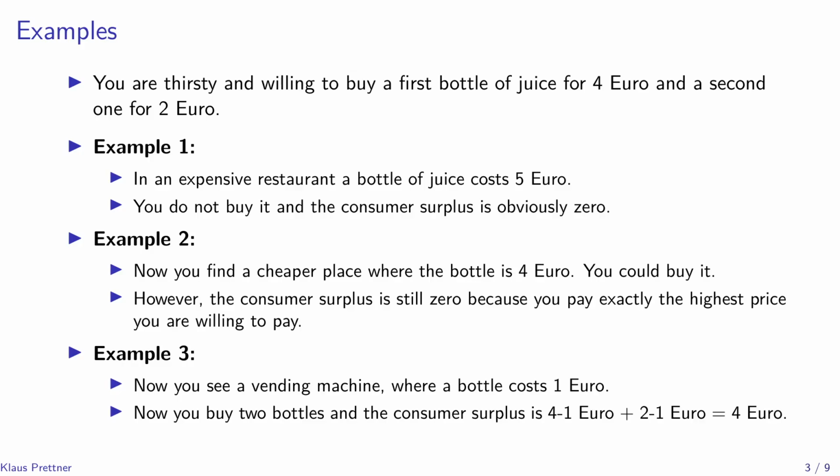But also for the second bottle you would have a positive consumer surplus, because you would be willing to pay €2, minus the cost of €1 is still €1. So for the second bottle that you buy, you make a consumer surplus of €1. And now the total consumer surplus is what you get if you add them up. So you would have a consumer surplus of €4 for the two bottles of juice that you bought.